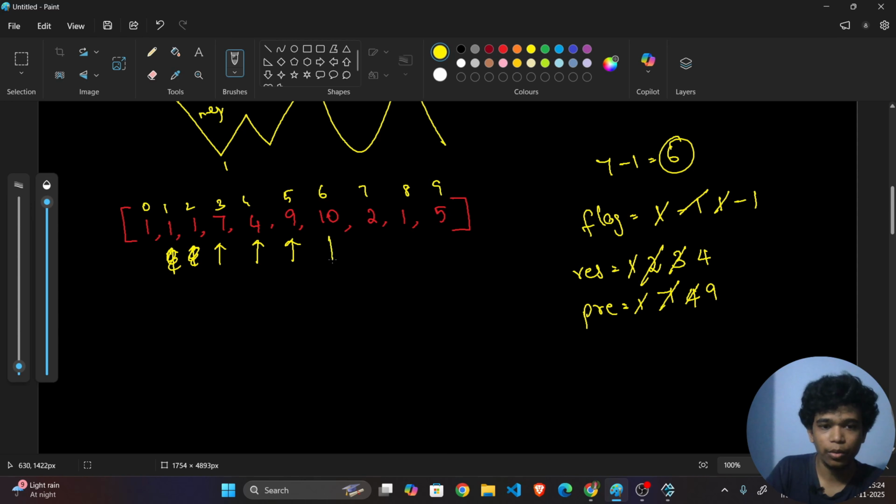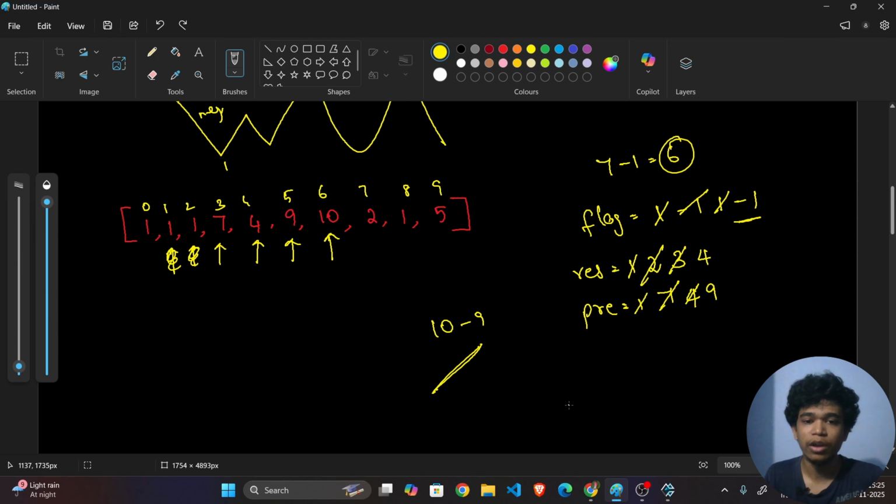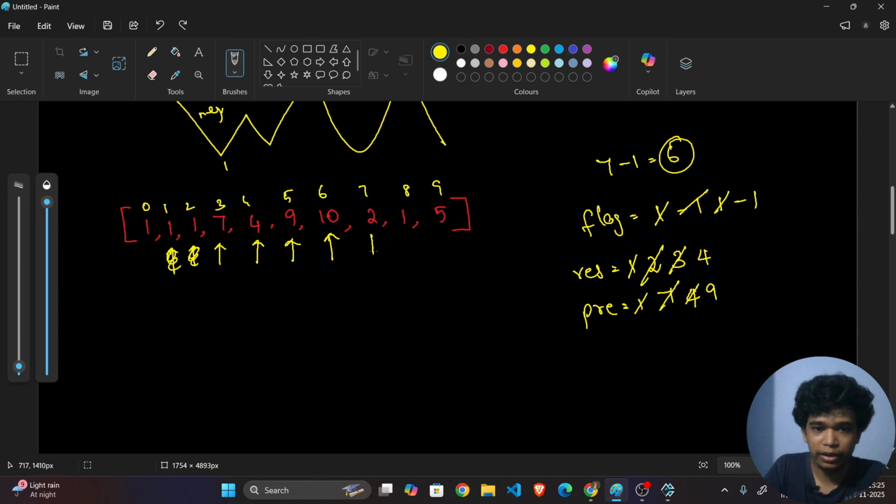Now 10. Whether 10 is greater than 9? Yes, it is greater than 9, but the flag variable is negative, which means 10 minus 9 will give me an increasing curve, but this -1 represents we need a decreasing curve. So I cannot take this 10 as my answer, so I don't do anything, just skip and go to the next value.